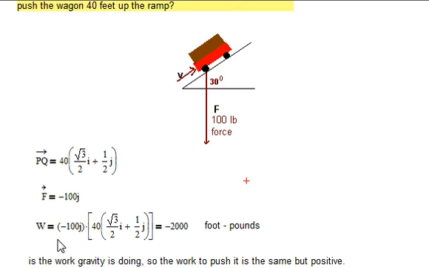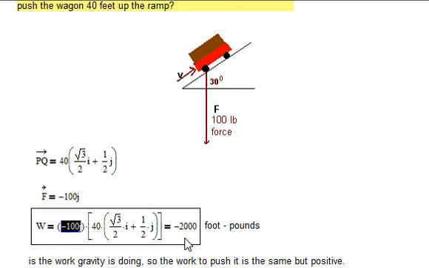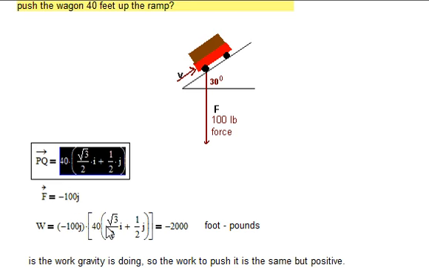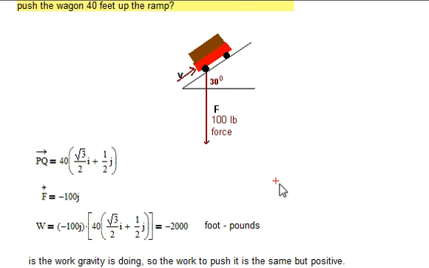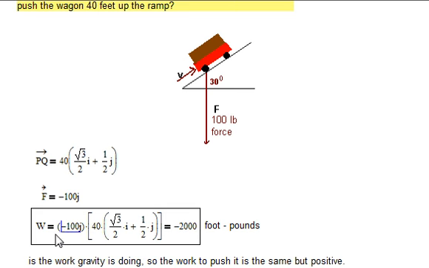So what we want to do to calculate the work is find the dot product of negative 100j with our motion vector, which is 40 times square root of 3 over 2 i plus 1/2 j. And so when you multiply this out, good gracious, because this doesn't have any i in it, it's 0i, so 0 times the 40 square root of 3 over 2 is still 0.